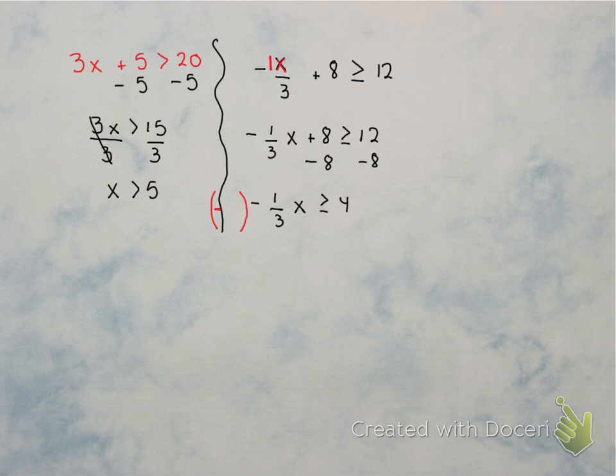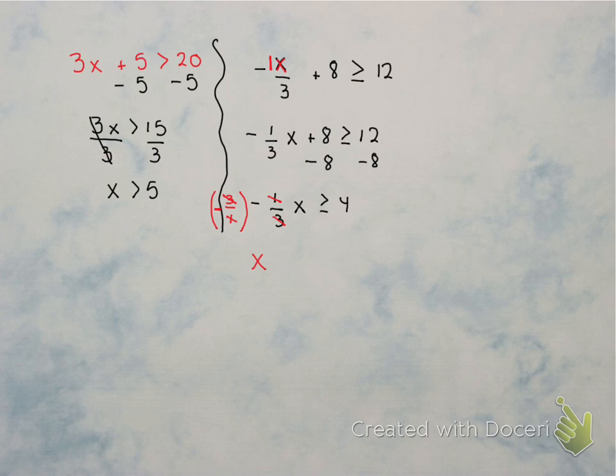Okay, now, here comes the part where we are going to use our reciprocal, okay? So negative 1/3 can be canceled out by multiplying by its reciprocal, which is negative 3/1. The 3's divide away, the 1's divide away, and negative times a negative gives us a positive x.